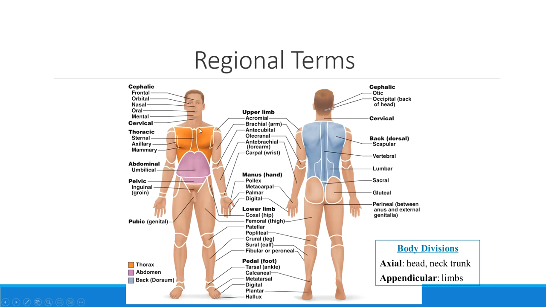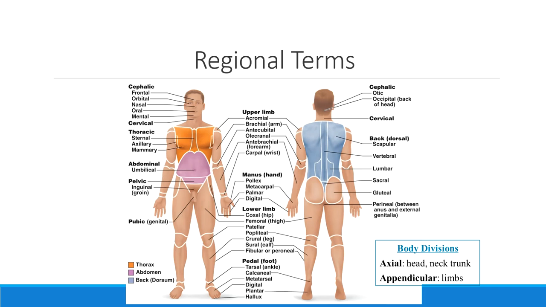For example, the chest area is called the thoracic region. Down below it is the abdominal region. If we look on the back side of the body, all of these are part of the dorsal region.